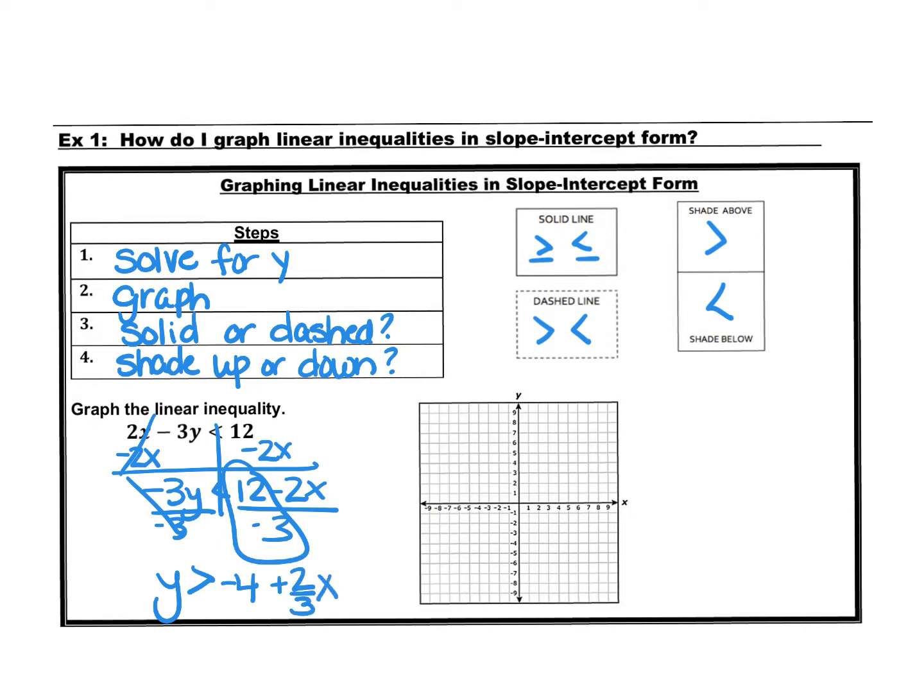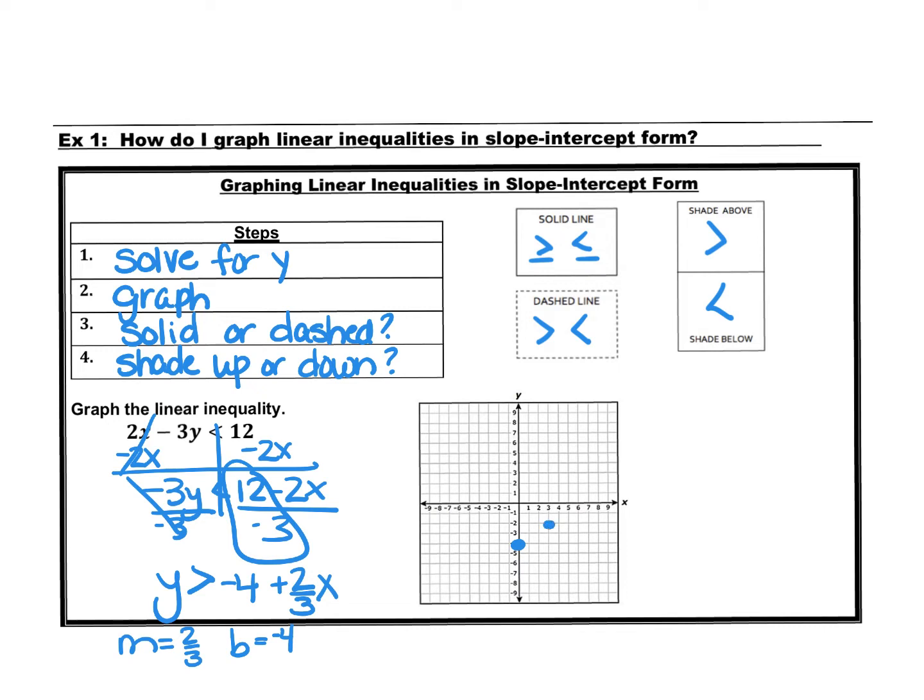And remember when we graph using slope-intercept form, our slope here is 2/3, and our y-intercept is negative 4. All right, so I'm going to plot those 2 points here. So I'm starting at the negative 4, and from there I'm going to go up 2 over 3. All right, so now I've plotted those 2 points.